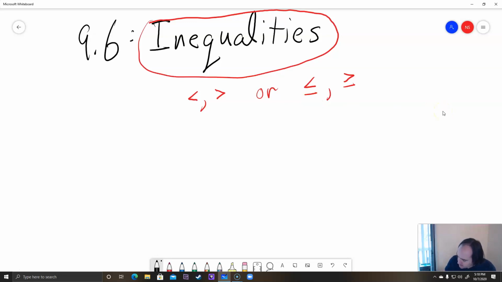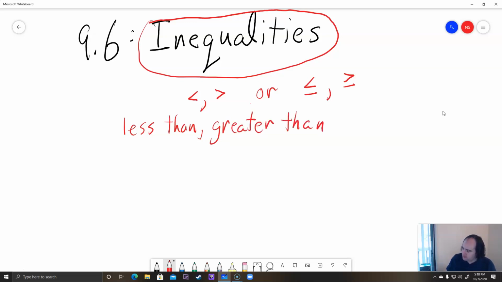Okay, so these ones here are less than and greater than. Whereas these two over here are less than or equal and greater than or equal.